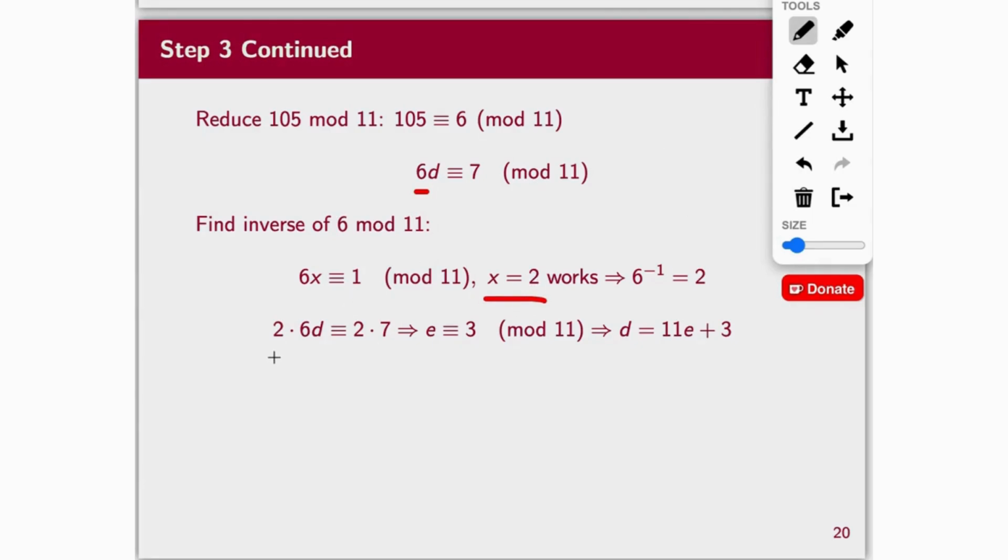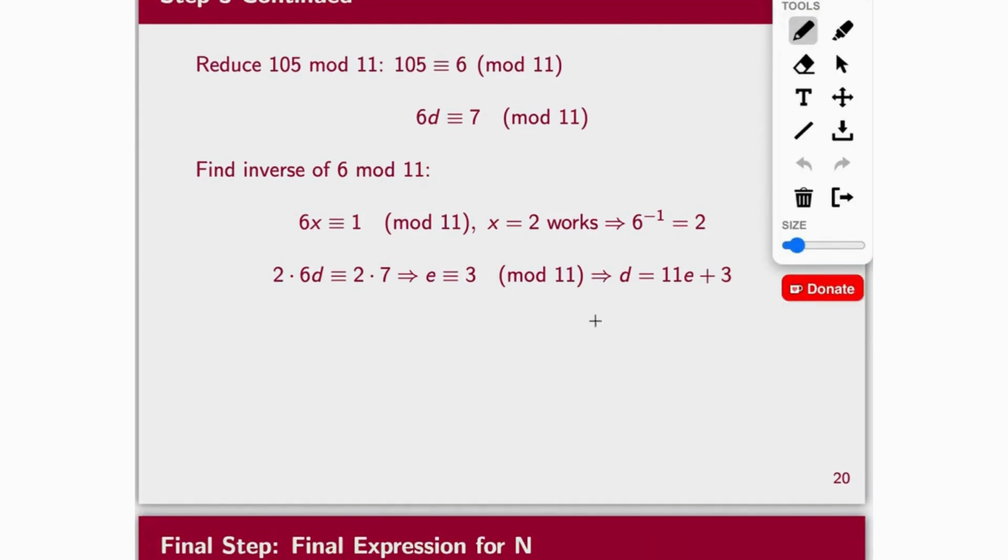Because we multiply 2 and 6, and whatever that is, mod 11 leaves us with 1. Which is why it works, because the coefficient ends up as 1. That's why x equals 2 works, because 6 times 2 is 12, and 12 mod 11 is 1. So 2 is the modular inverse. Let's move on.